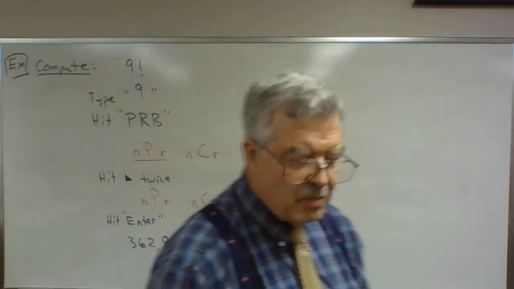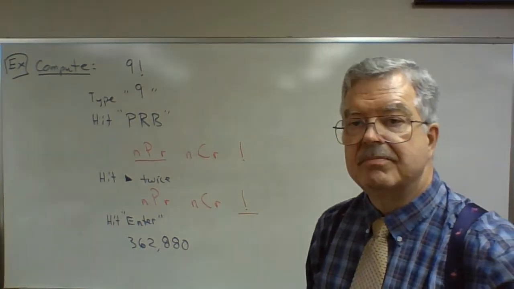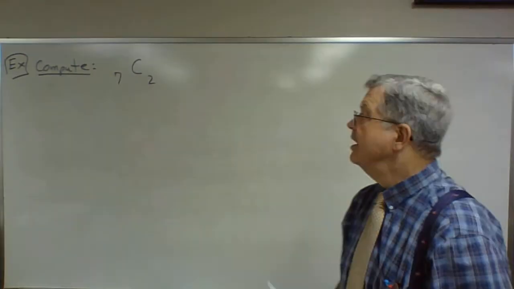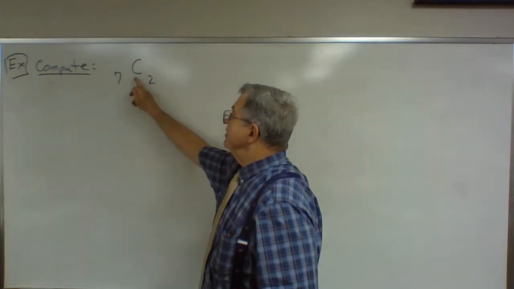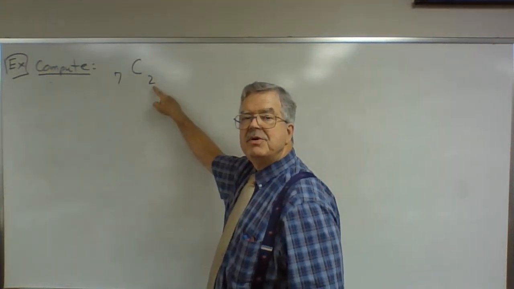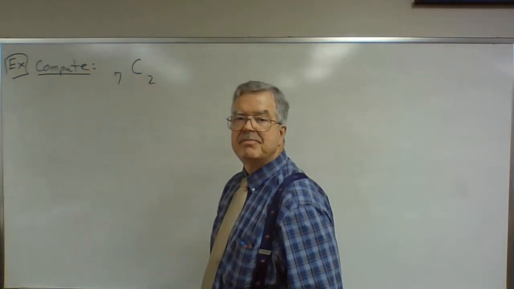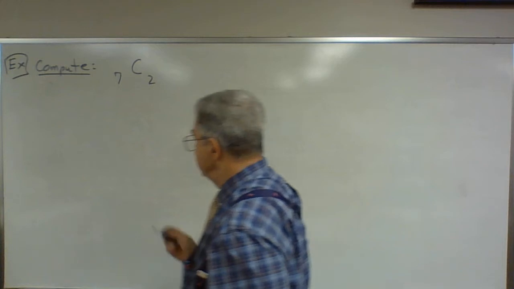Now let's do some more combinations and permutations. Compute 7C2, the number of ways that 2 elements can be selected from a set of 7 elements. And here's what we do.